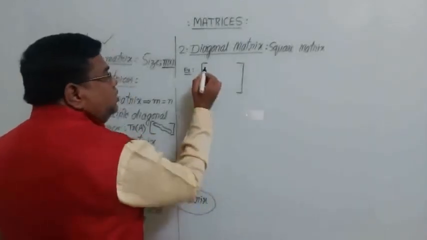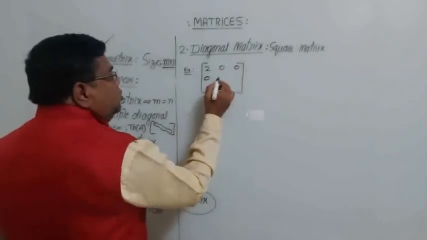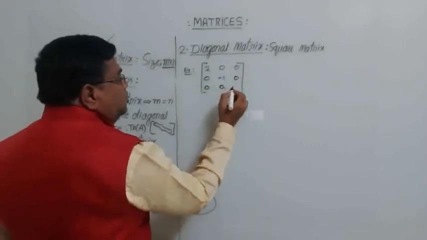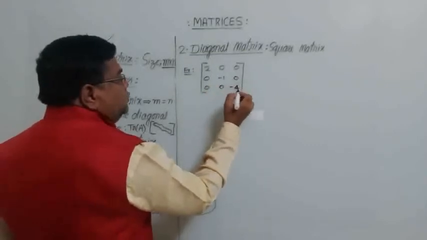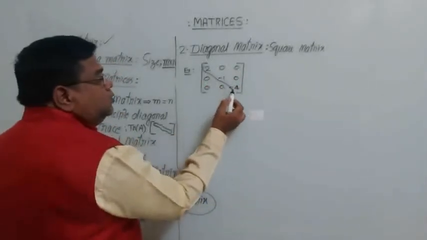See here, suppose 2, 0, 0, 0, minus 1, 0, 0, 0, minus 4. So it is called the diagonal matrix.